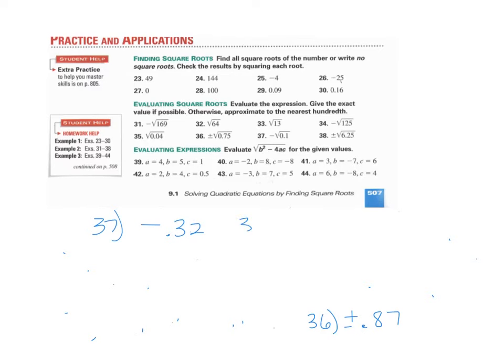And the last one you had on your homework is going to be positive and negative square root 6.25 gives me 2.5. Alright. And that's how we did 1 through 38. Now let's go on to the lesson.